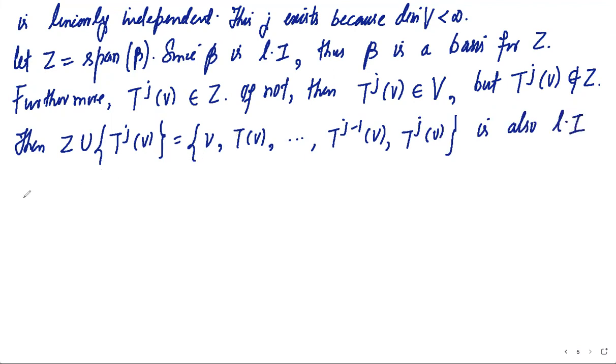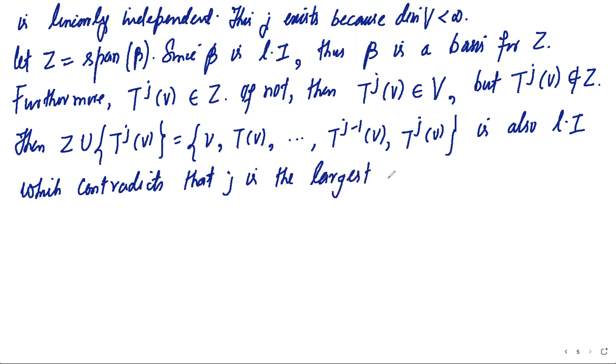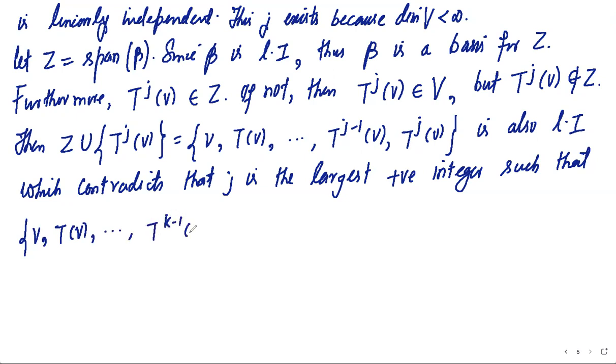This is a contradiction to the fact that we have chosen this j to be largest. j is the largest positive integer such that the set V, T of V, up to T^(j-1) of V is linearly independent.